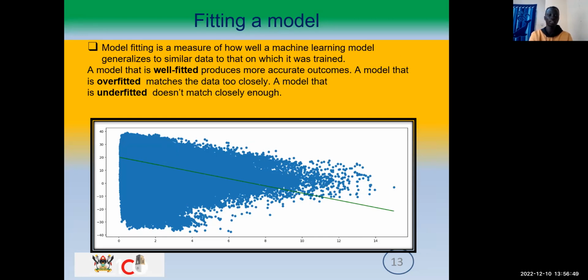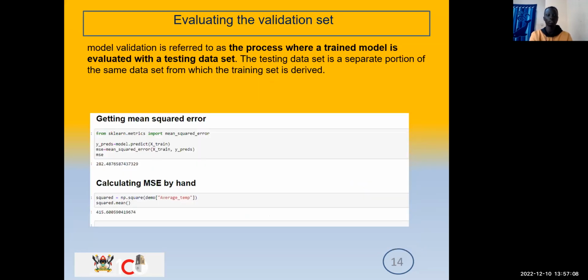Overfitted matches the data too closely, while underfitted does not match closely enough. And when we did the model fitting, we had this kind of graph where the line of best fit was in the middle.